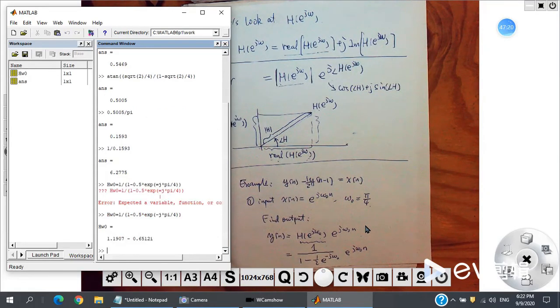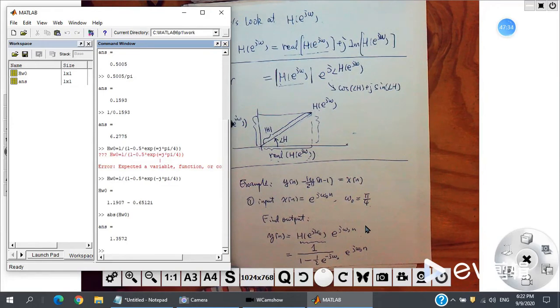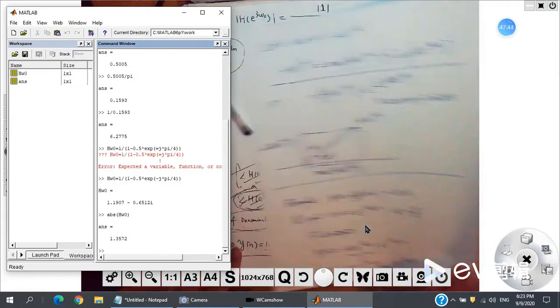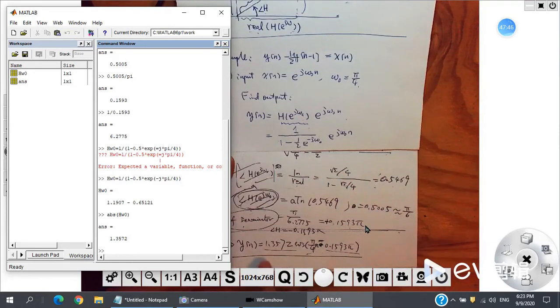And then ABS of H(omega 0) is actually a magnitude, but the same name as the absolute value here. It's 1.3572. It's the same as our result, right? Yeah, so 1.3572, right, is here.